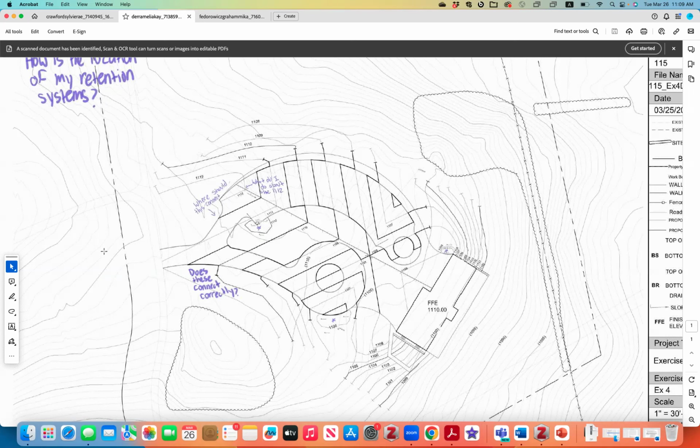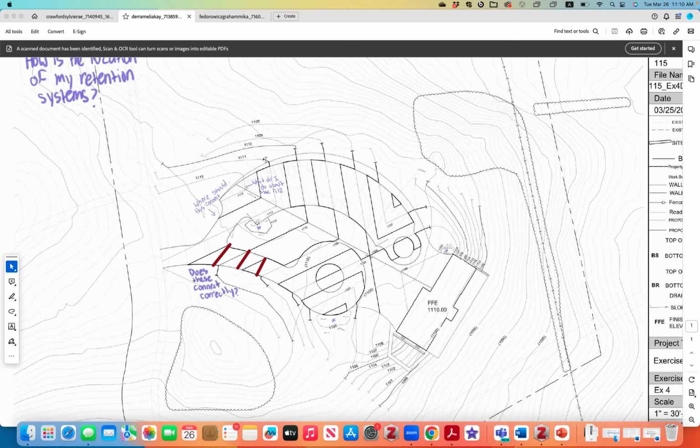You either need to go out in this area trying to connect the 1112 and above, or we can turn the contours here a little bit. Once we get to the driving area, we could start turning these contours so it will be easier to connect back here. I'm going to make an attempt to do that.